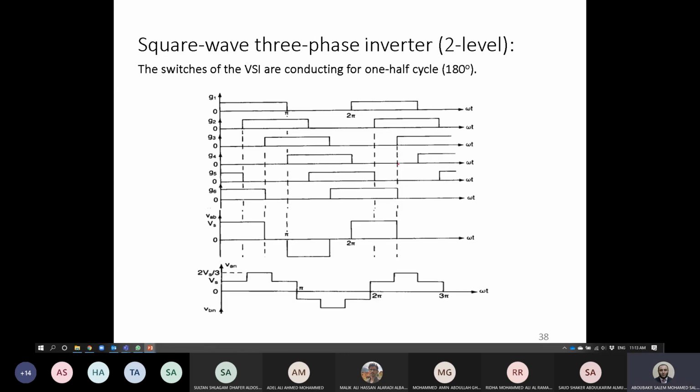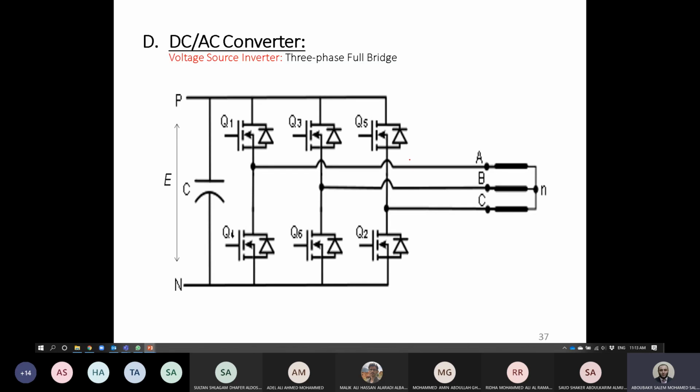For square wave operation, we have two well-known techniques for the three-phase inverter. By the way, the circuit we discuss here is called three-phase two-level. Why two-level? Because we have 2 points for the DC link.